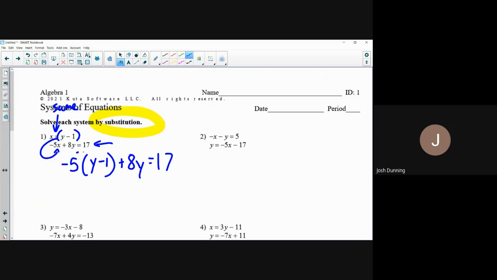Now I got to do some algebra, distribute the negative 5, so negative 5y, double negative, plus 5, plus 8y, equals 17. Negative 5y plus 8y, that's not negative, it's just 3y. Then we'll minus 5, divide by 3, y is 4.